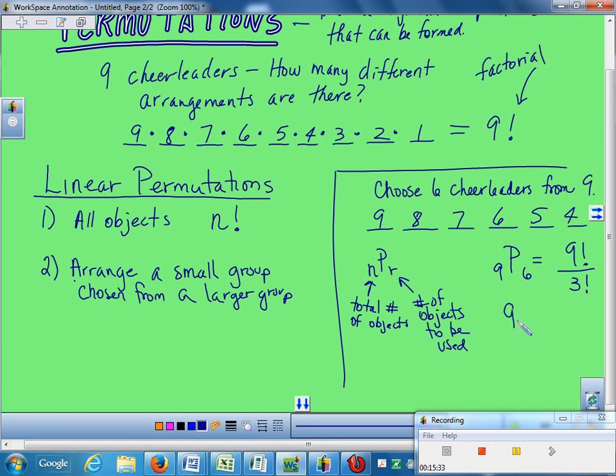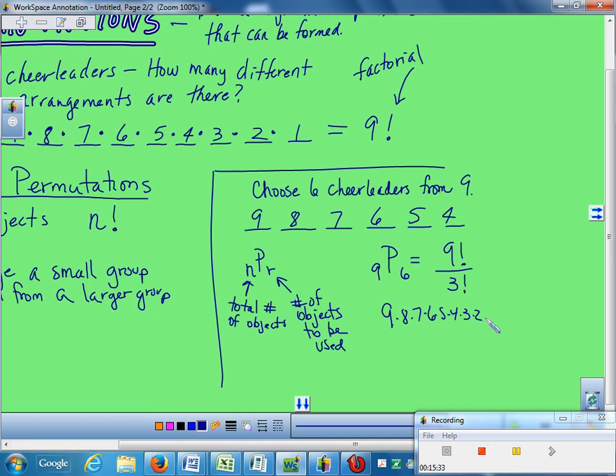Now, why does that work? Well, if I write this all out, over 3 times 2 times 1, what's going to cancel? And notice, what's left? The 9, 8, 7, 6, 5, 4 that we wanted in our blanks right here.